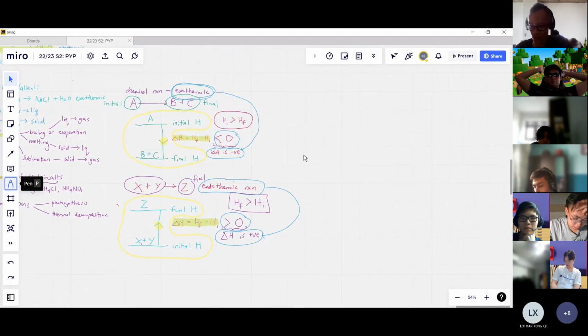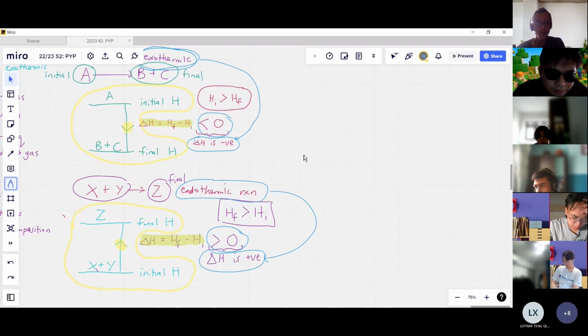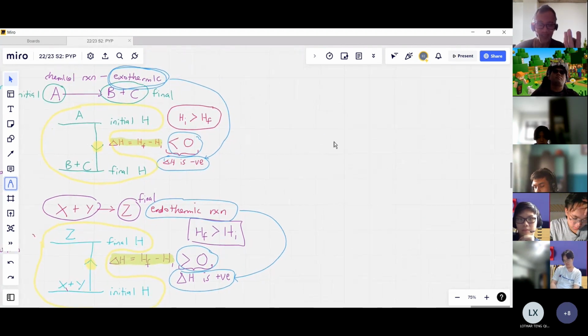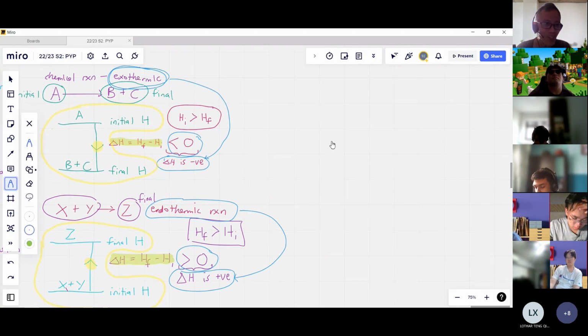Now, let's say if I give you another process. Expected to draw the energy diagram. Even though this is the simple one, as I said, you are not likely to be asked about the simple one. You're probably going to draw a more complicated one. So anyway, let's give you another example.